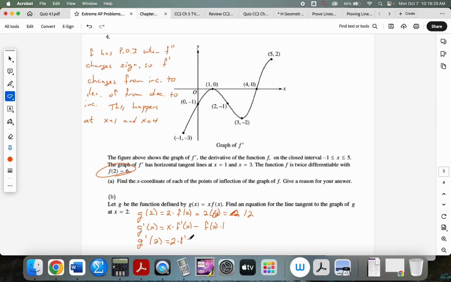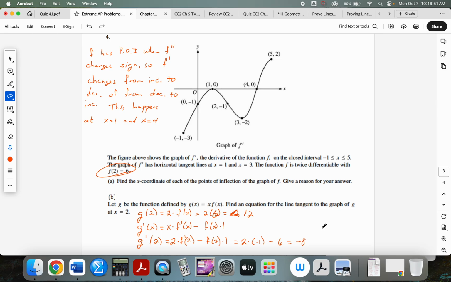So this would be f prime at 2 minus f of 2 times 1. So that's going to be 2 times f prime at 2 is negative 1 minus f of 2 is 6.